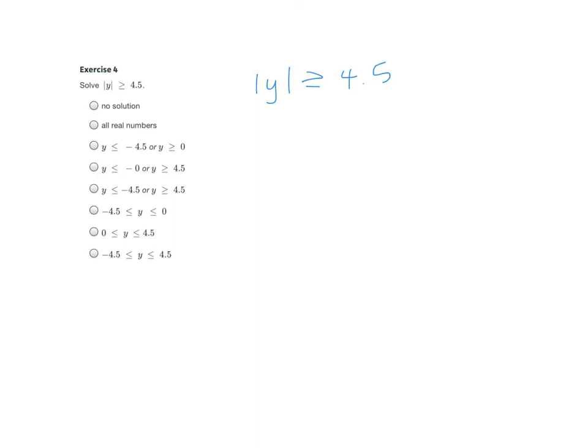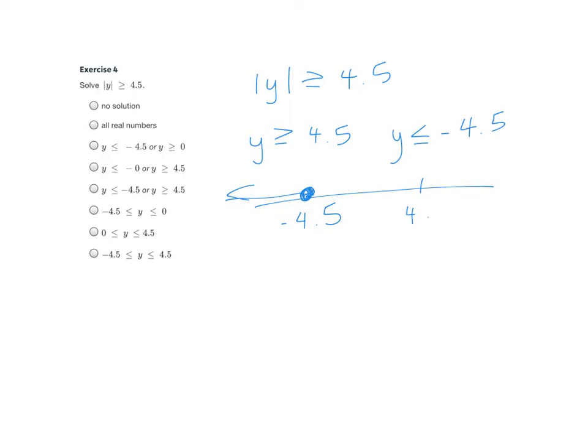So my two equations are going to be y greater than or equal to 4.5, y less than or equal to negative 4.5. I'm going to graph it. So here at negative 4.5, I have a closed circle going to the left. And here at positive 4.5, I have a closed circle going to the right. So this is an or.